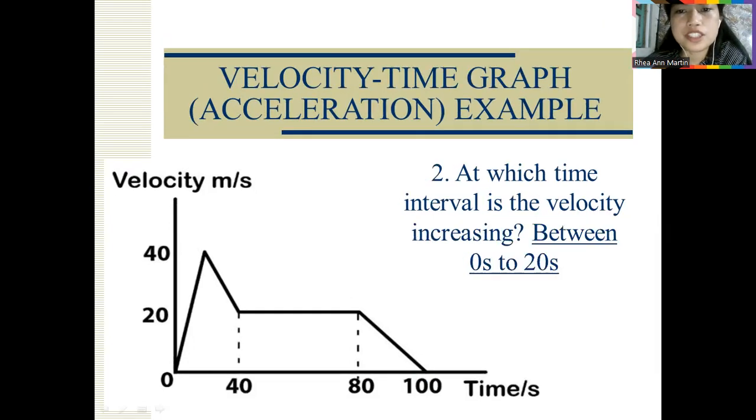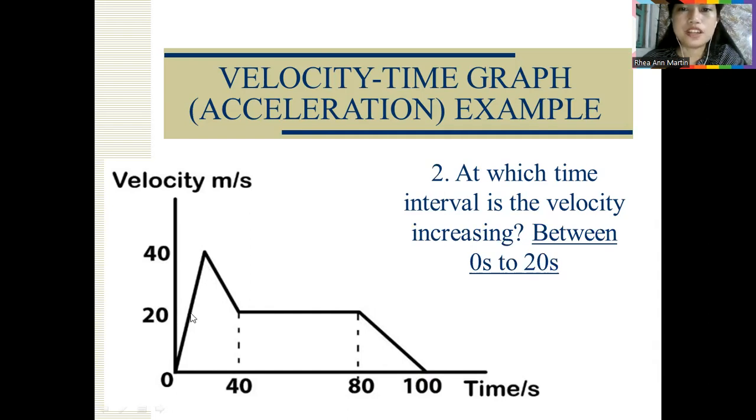Number 2, at which time interval is the velocity increasing? This is downward sloping. This is horizontal sloping line. This is downward sloping line. This is upward sloping line.